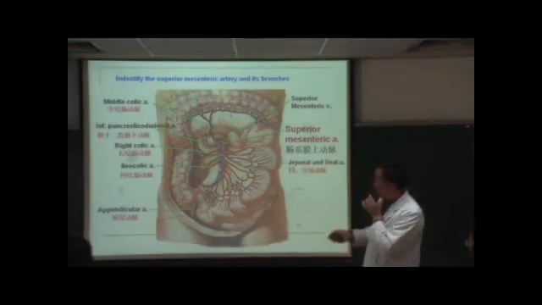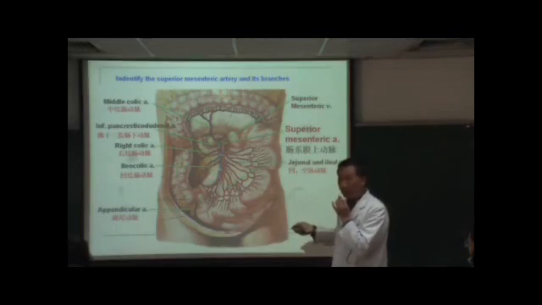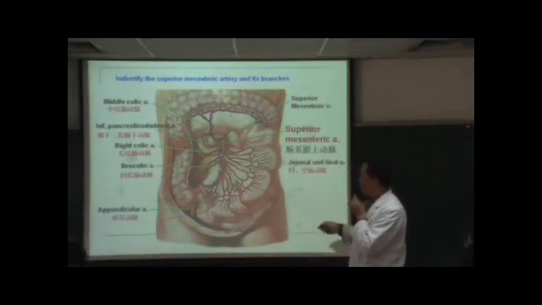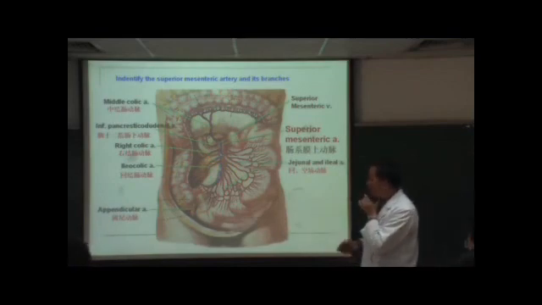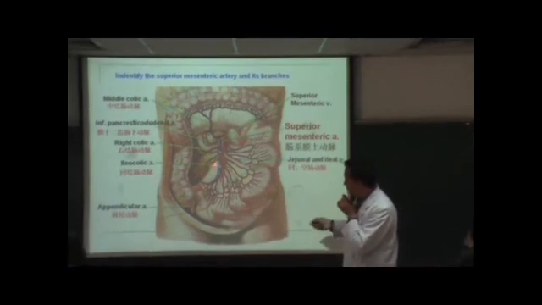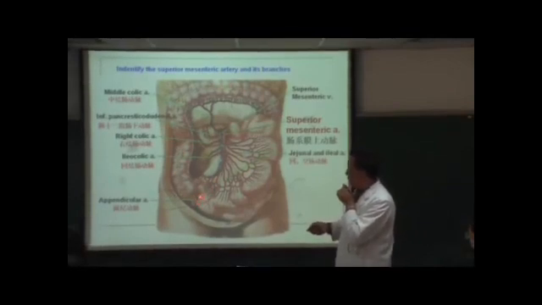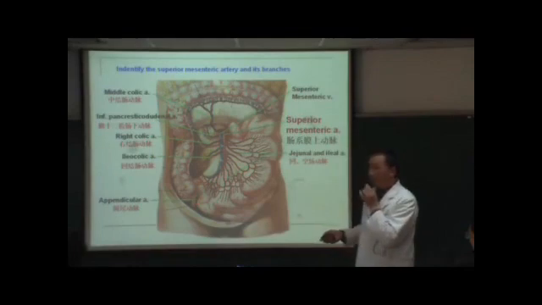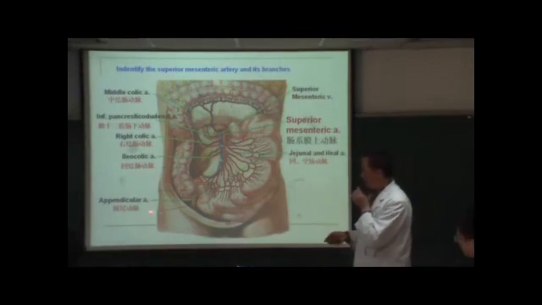Then you can detect the branches from its right side. From inferior to superior, you can identify this one. This artery supplies the vermiform appendix.